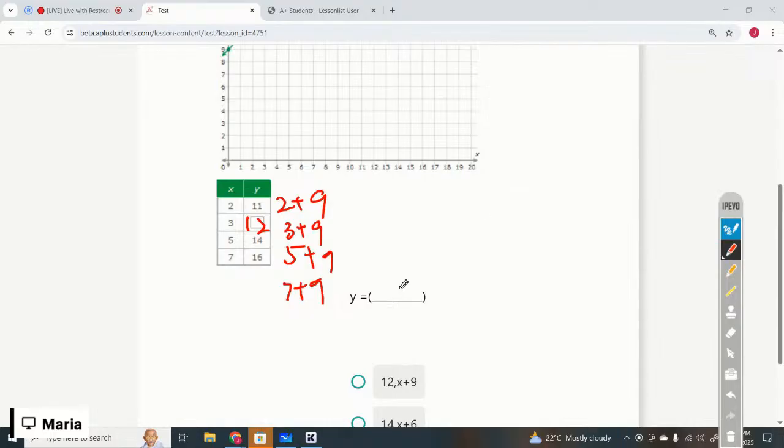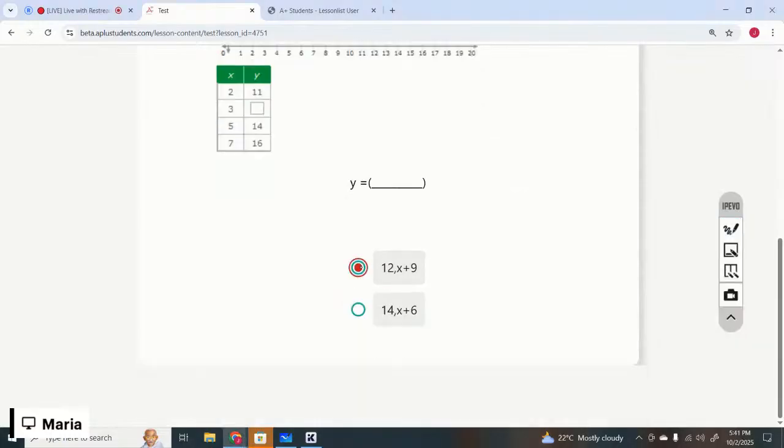So the equation is y equals x plus 9. So option number 1 is the correct option, 12 and x plus 9.